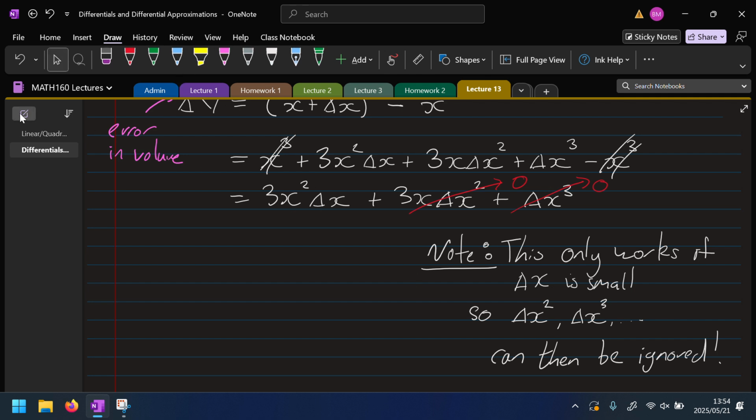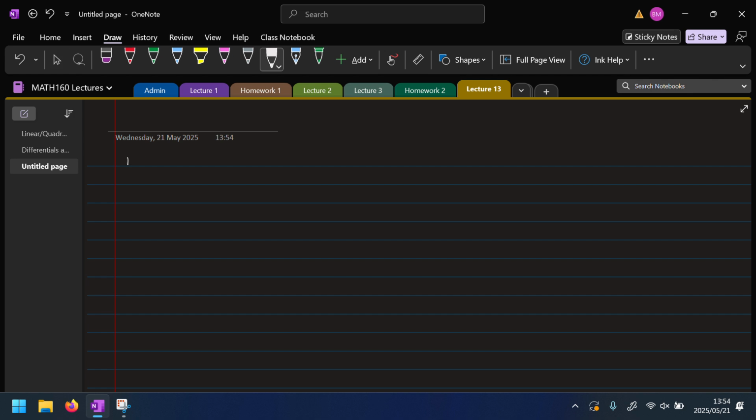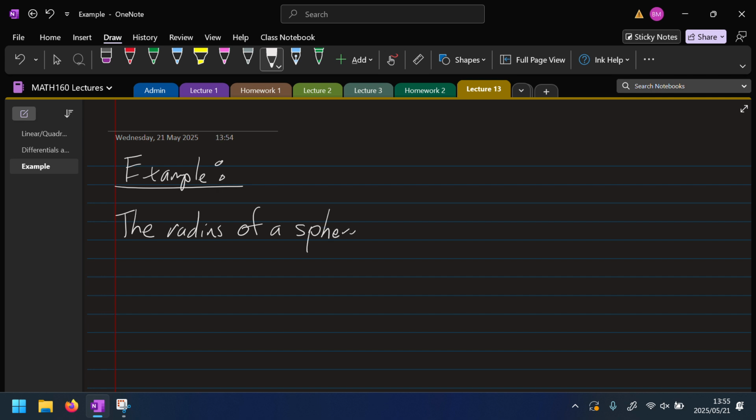Okay, another example. The radius of a sphere was measured to be 21 centimeters.